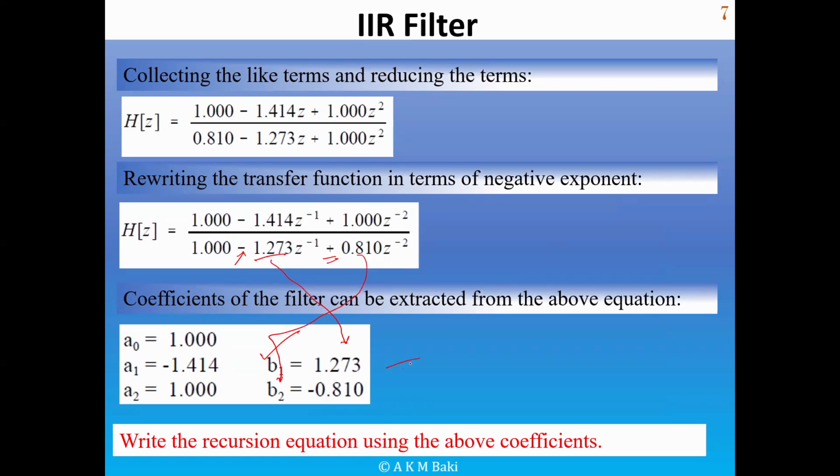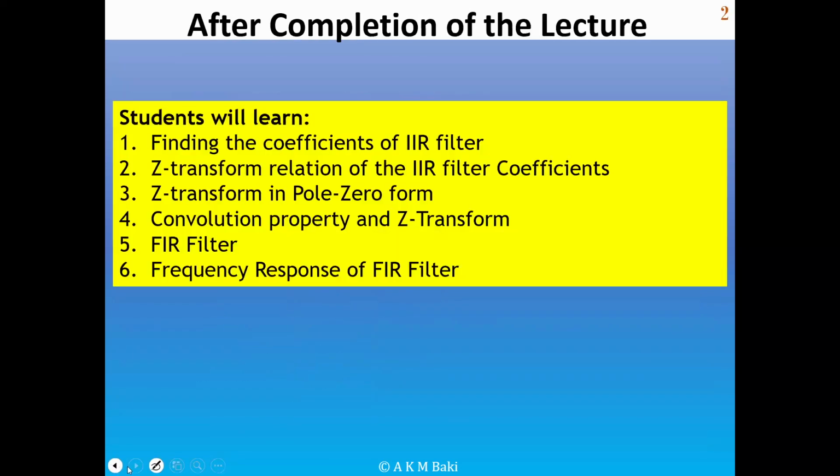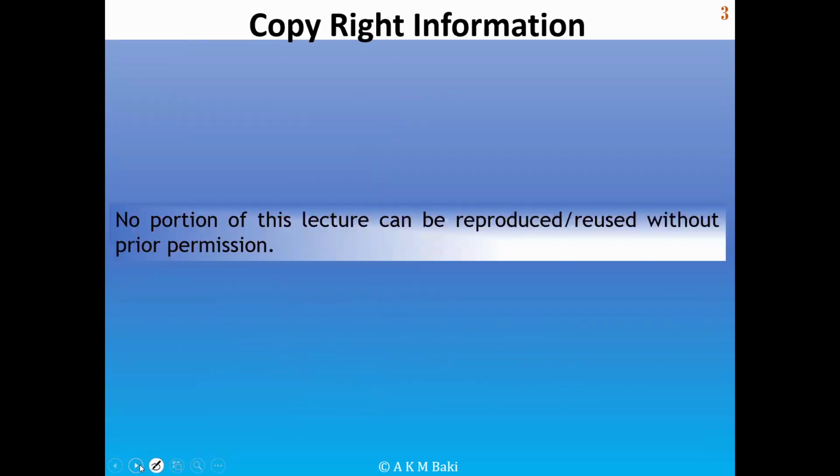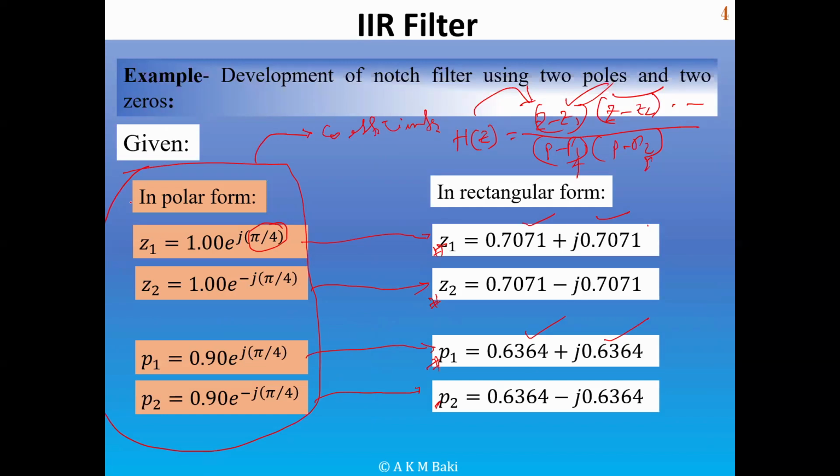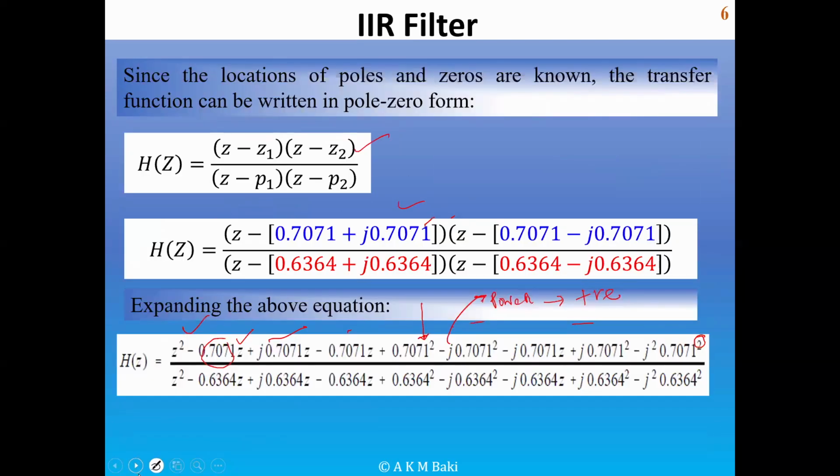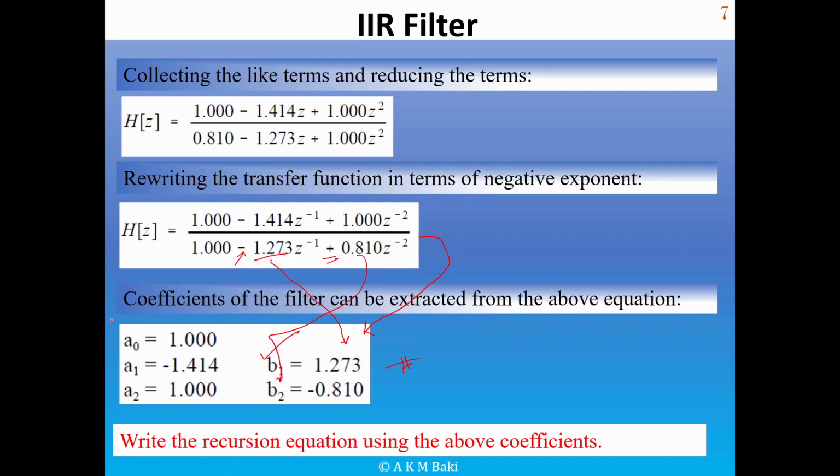So this was the process I have mentioned before. When you know the equation in polynomial form, you can find out the coefficients directly. In this example, you were given only information in polar form, and after calculation you got the coefficients, 3 forward coefficients and 3 backward coefficients.